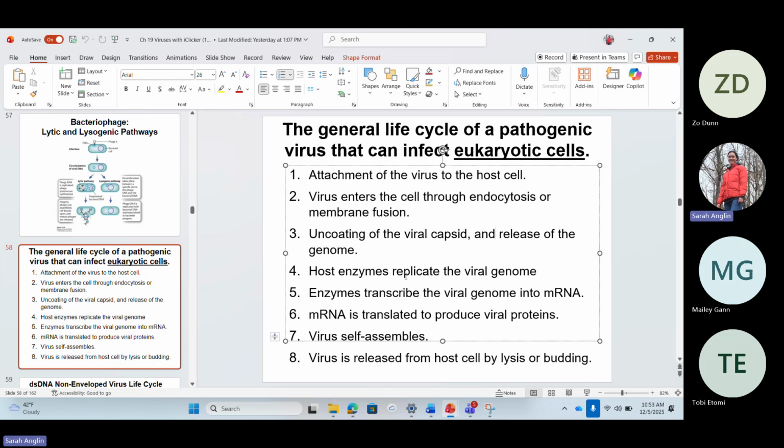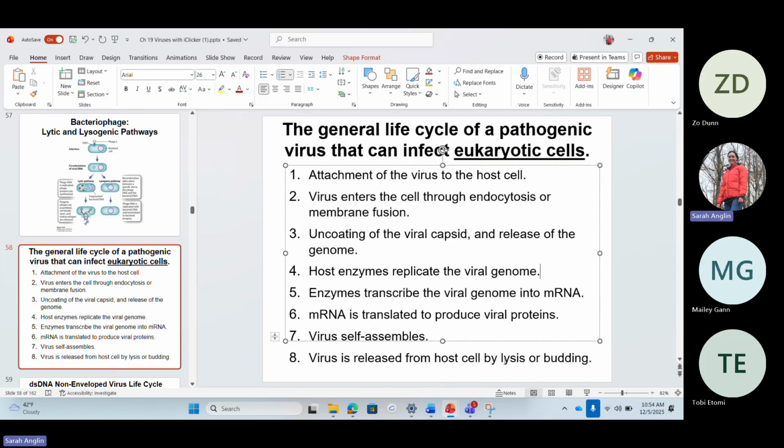Then host enzymes replicate the viral genome, and also enzymes transcribe the viral genome into mRNA. The mRNA is used to make viral proteins. The virus self-assembles and then is released.